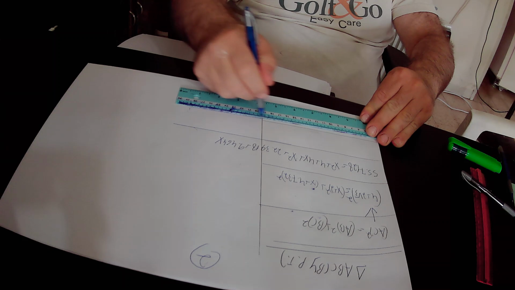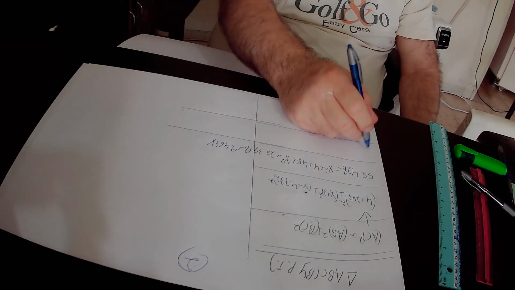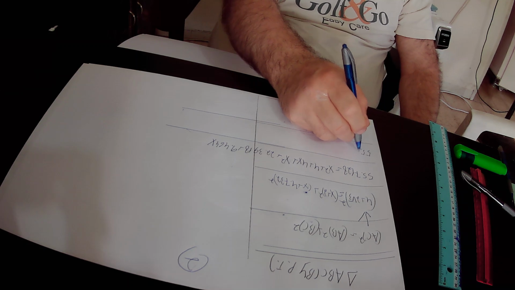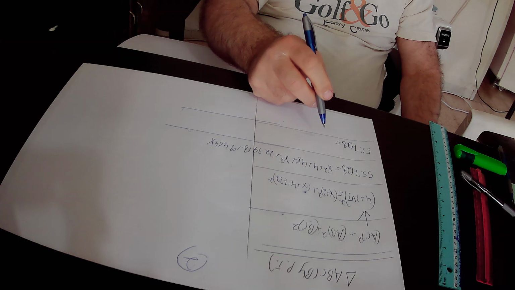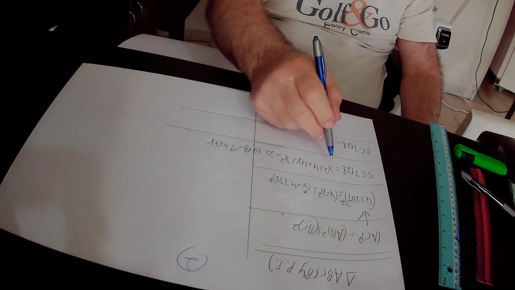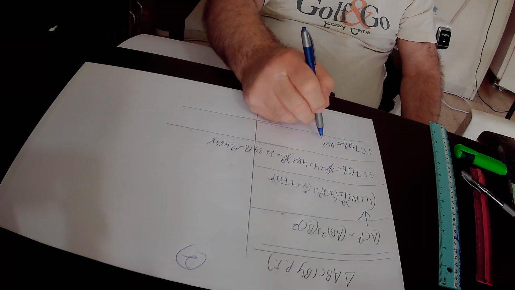So, in the left side of this equation we have 55.7128. In the right side of this equation we have x squared plus x squared, that is 2x squared.